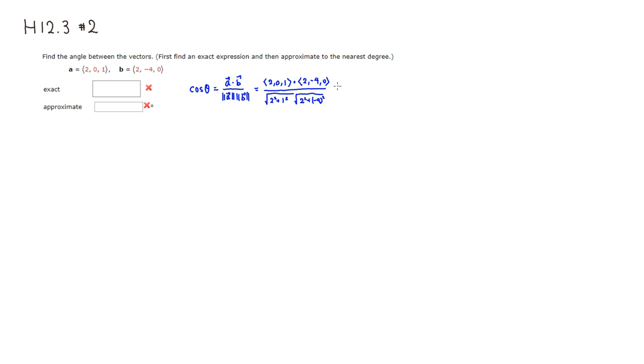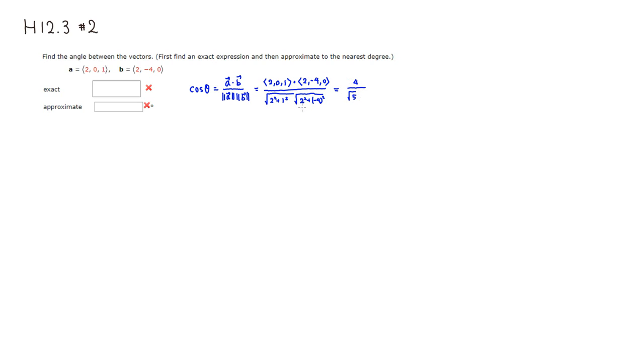If you compute the dot product, this is going to be 2 times 2 is 4, plus 0 times -4 is 0, and 1 times 0 is 0, so it's going to be just 4. Then 2 squared plus 1 is 5, so this is square root of 5.